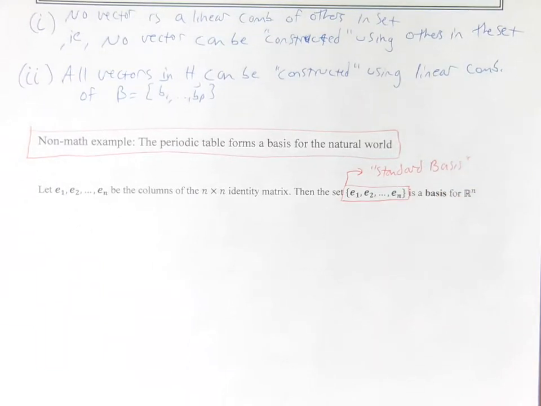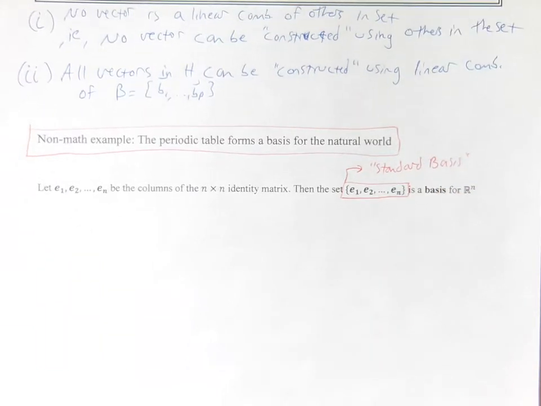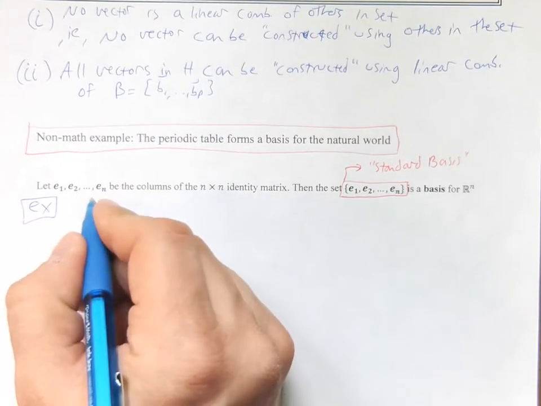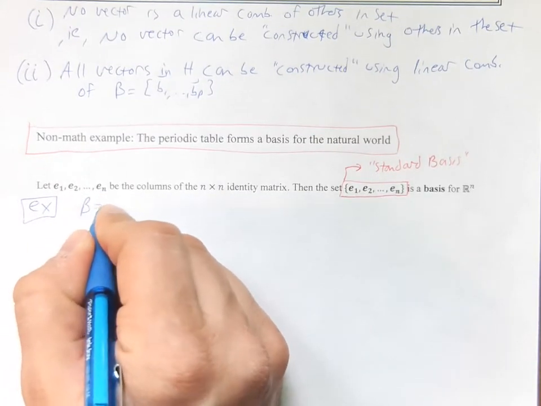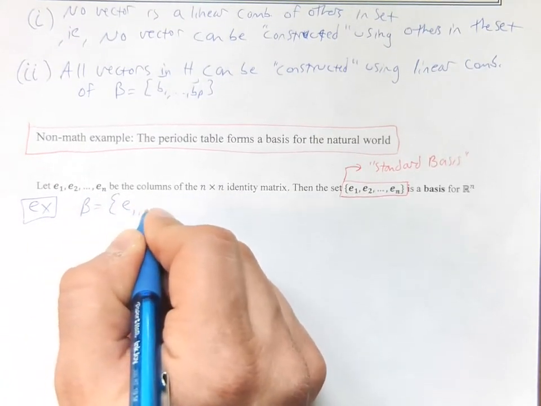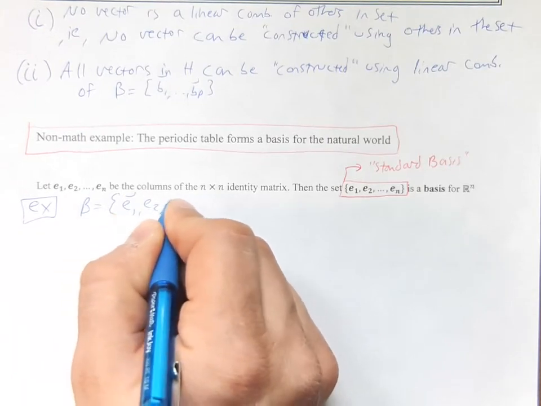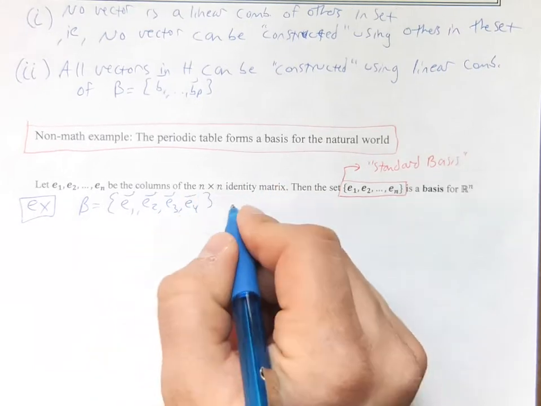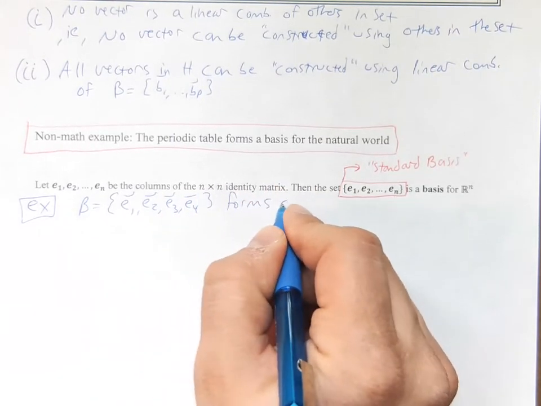And so let's look at that. Let's look at a specific example like in R4. So for example, beta equals E1, E2, E3, and E4 forms a basis for R4.